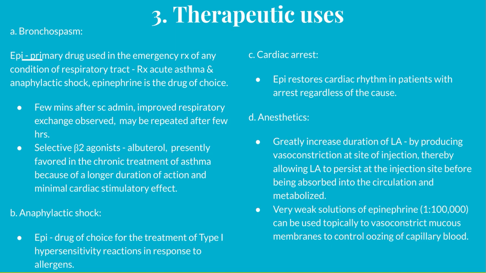Next thing is anaphylactic shock. For anaphylactic shock, it is epinephrine which is again the drug of choice. And I am telling it again and again, anaphylactic shock is basically a type of allergy which is called type 1 hypersensitivity. So the reaction is due to the allergens. Over there also epinephrine can be given.